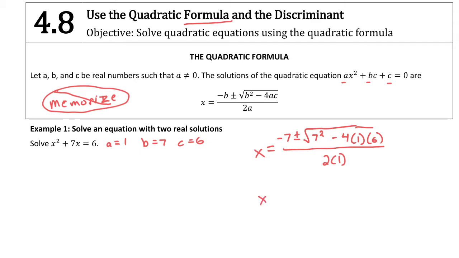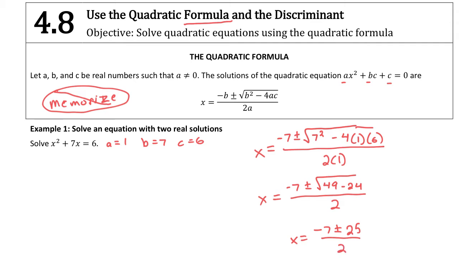So my formula becomes negative 7 plus or minus, this becomes 49 minus 24, all over 2. And I just keep chopping away at that. Negative 7 plus or minus, this would be 25 over 2.